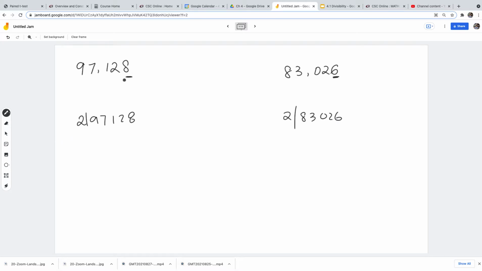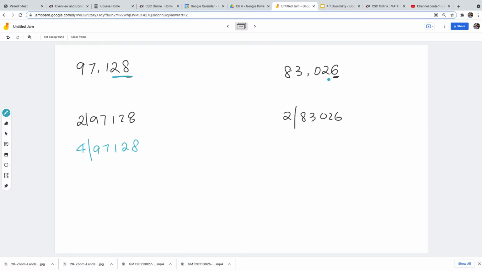How about 4? You need to look at 2 digits. 28. Is 28 divisible by 4?